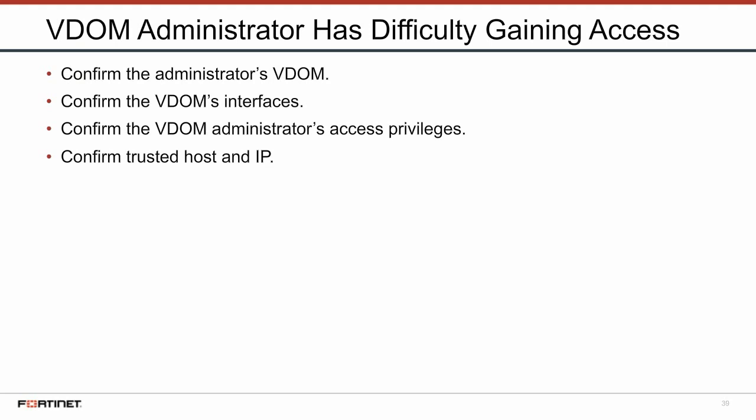To enable admin access, the super_admin clicks Global, Network, Interfaces, and enables admin access for the interface in question. Confirm trusted host and IP. If trusted hosts are enabled on the administrator account, ensure the user is connecting from the correct, specified host address, and that no intermediate devices are performing NAT functions on the connection.